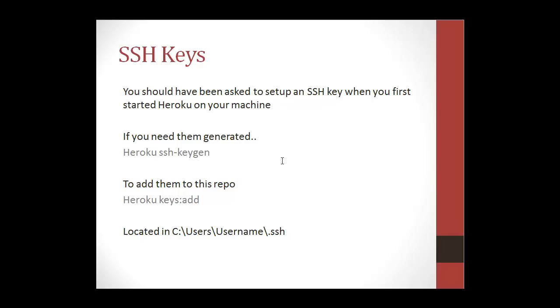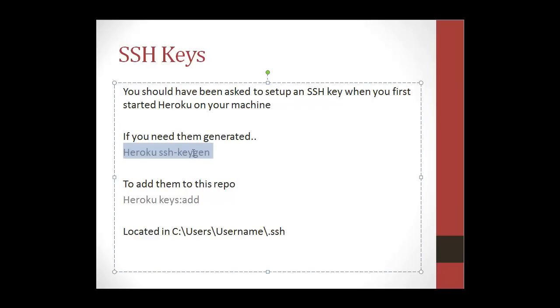But if you are getting some kind of message like it's the wrong public key or anything like that, you can regenerate an SSH key using this command here, ssh-keygen, and it may or may not add it on its own, but if it doesn't, you could do heroku keys:add, and that should add the new SSH key to your application.